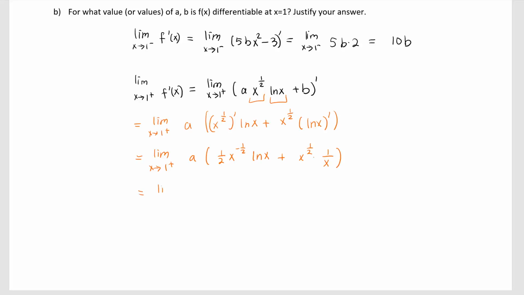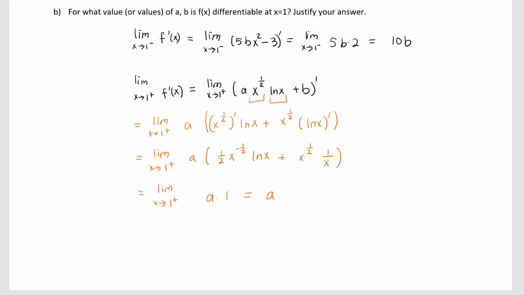Okay, so what do we get? Here we plug in 1, but ln of 1 is 0. So the first guy is gone. And the second one, 1 over 1 is 1. So the answer is just a.